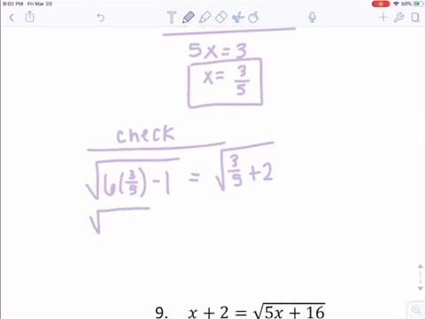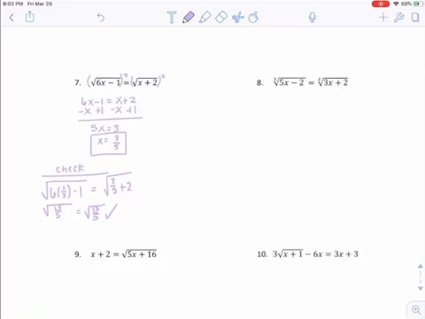So I get 18/5 minus 1, which is 18/5 minus 5/5, so that's 13/5. And then I get 3/5 plus 2. 2 also could be 10/5, so I get 3/5 plus 10/5, that's also 13/5. Great, it works. That's my final answer.